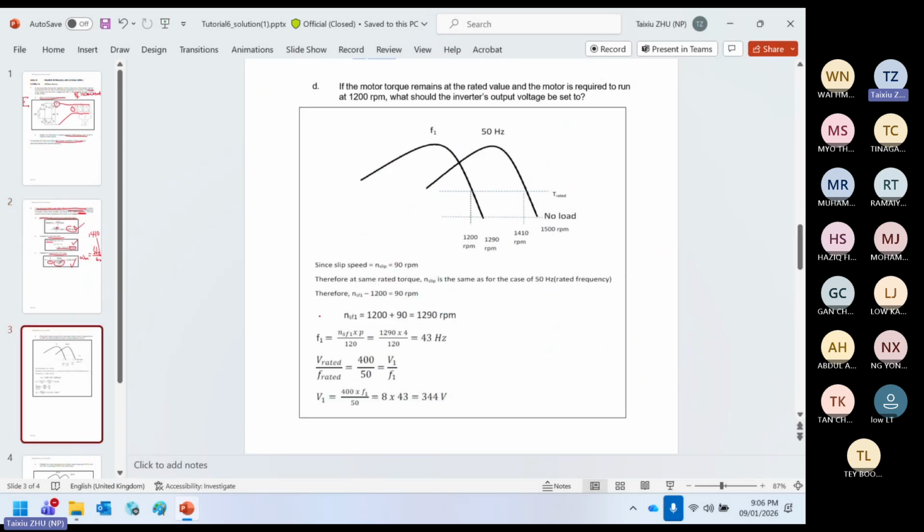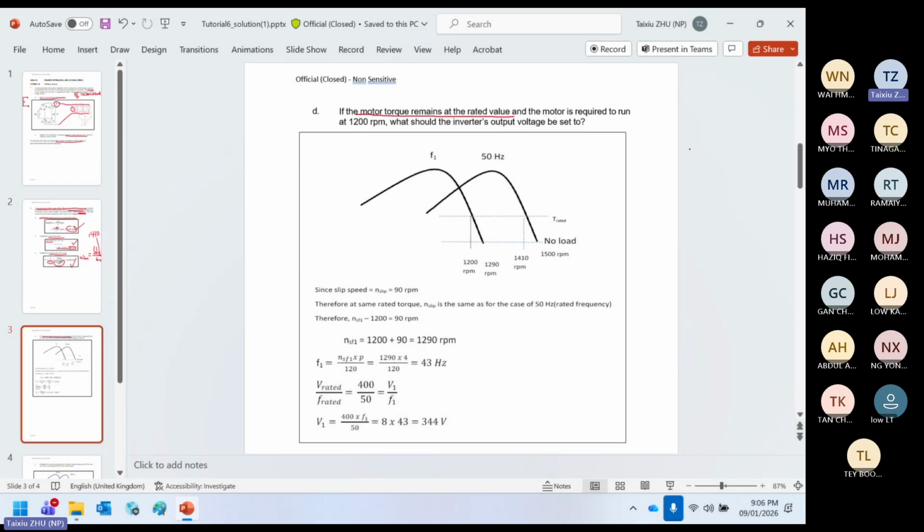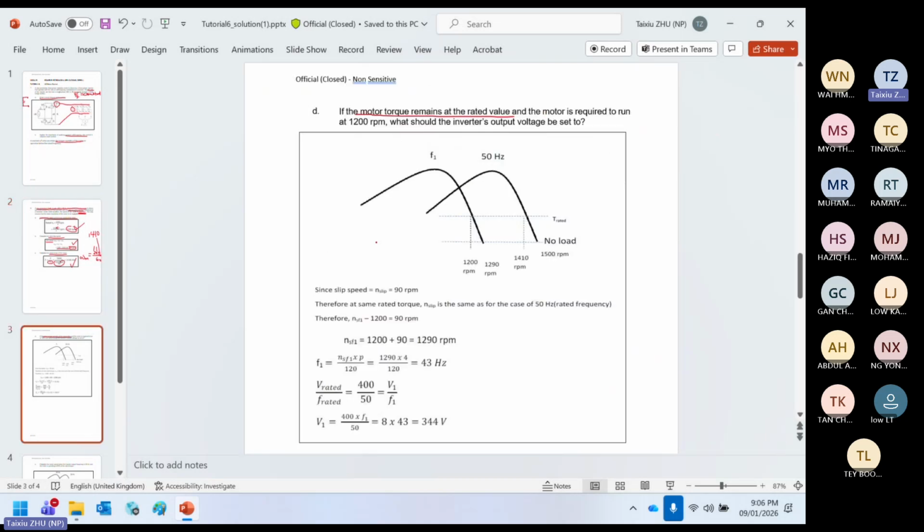The fourth part is this. Now they say, if the motor torque remains at the rated value, how much is the torque rated value? 33.86, right? That's the rated torque value.